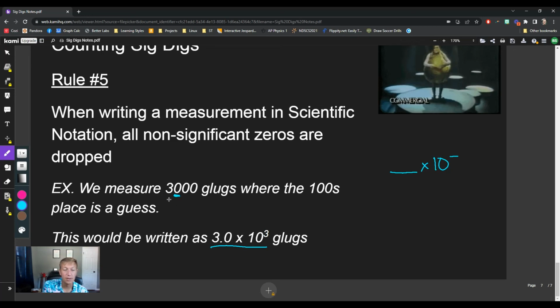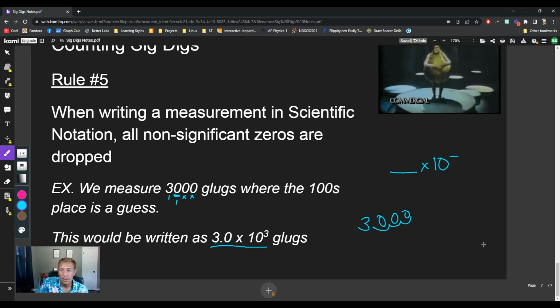In this case, we have 2 significant digits, and these 2 zeros are not significant. So if I write this in scientific notation, I only keep the significant figures, 3 and 0. I don't include those other 2. And then multiplying by 10 to the third is moving that decimal point 1, 2, 3 spaces. So I end up with the number 3,000.